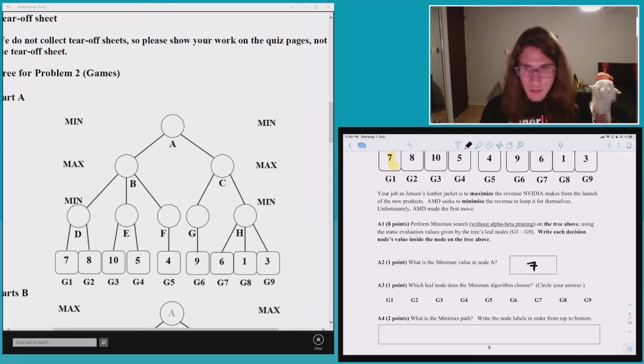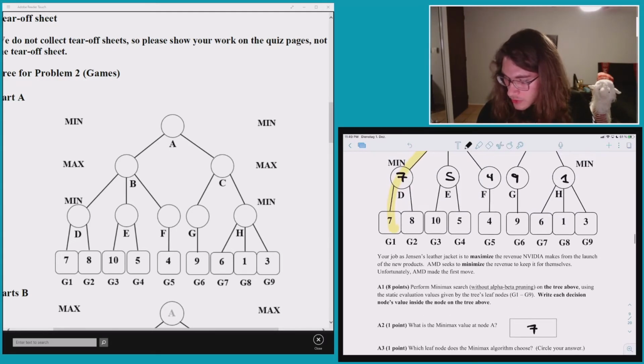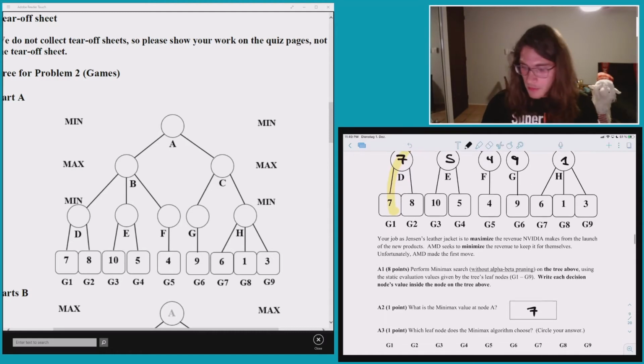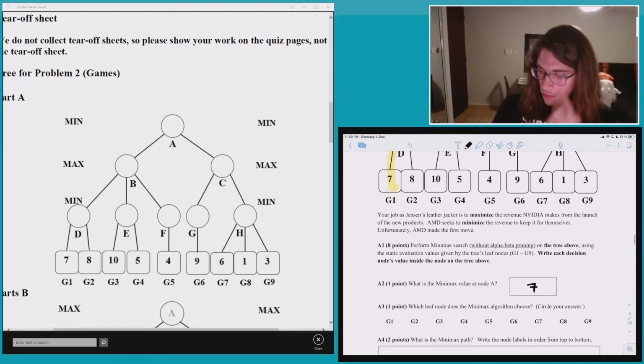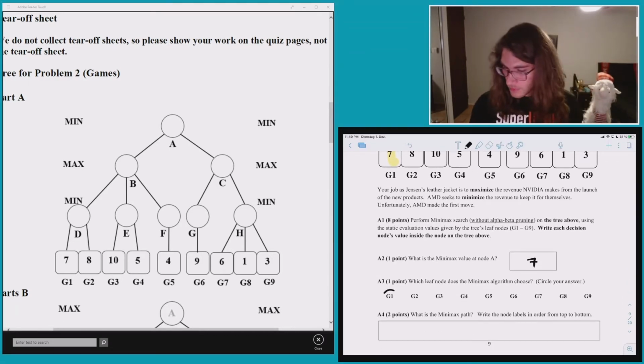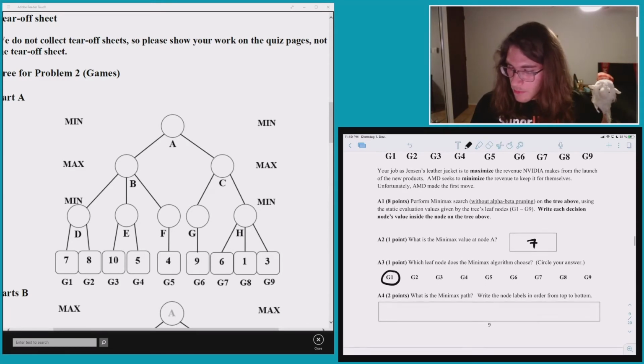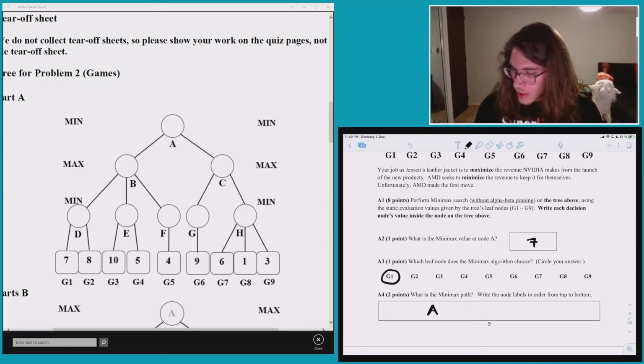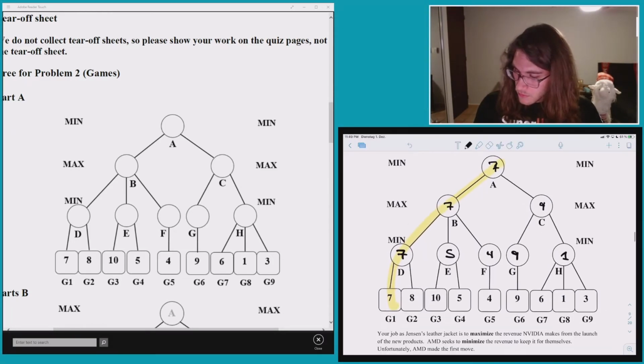I'm trying to catch up to my notes. Yeah. And so which leaf node was chosen? The leaf nodes are the ones at the bottom. I denoted them in this problem with squares, G1, and then the minimax path, which is A, B, D, G1.